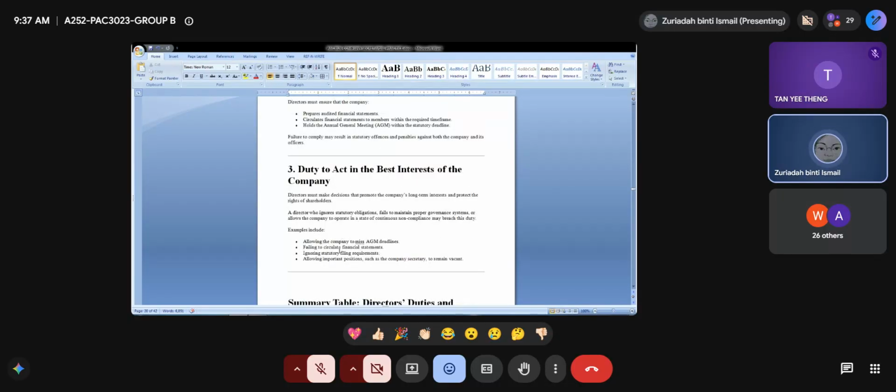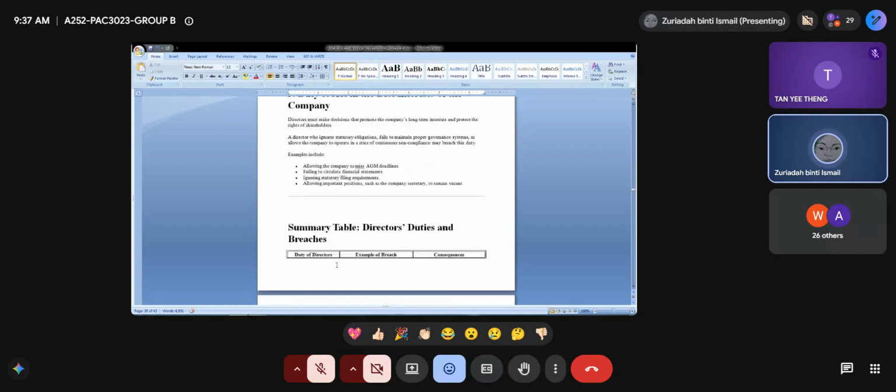Among the examples is allowing the company, based on the case study, to miss or fail to hold the AGM, fail to circulate the financial statement, ignore statutory filing, and importantly, ignore the important position that must be filled within the statutory time.